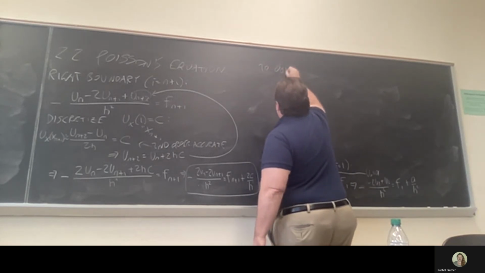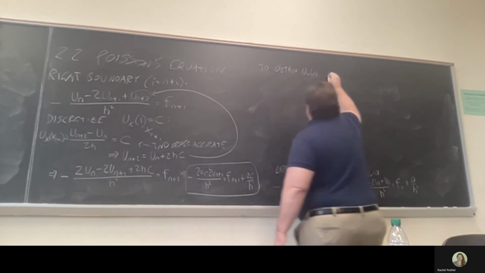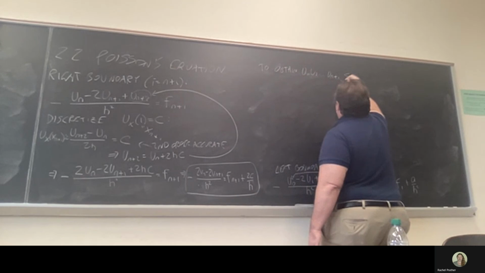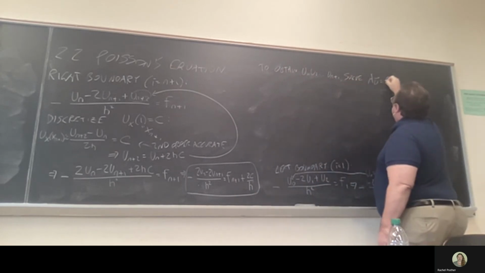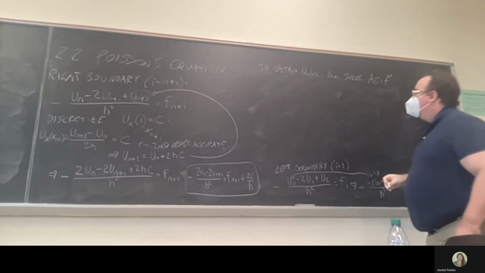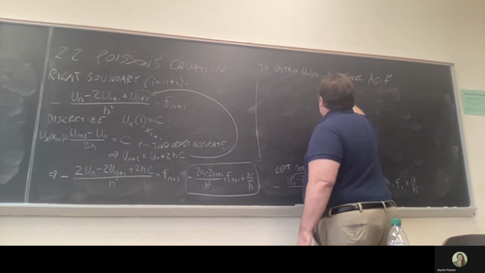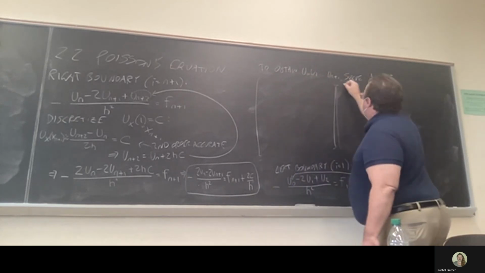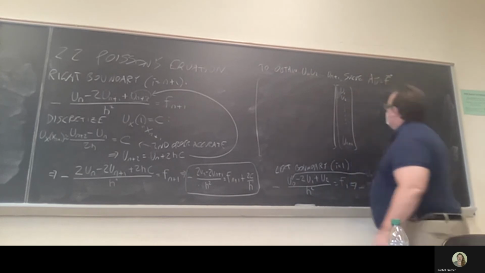So to obtain our unknowns, u_1, u_2, up to u_{n+1}, we're going to solve the system Au equals f. Now, I'll write out in full what that is. The vector u just consists of our unknowns, u_1, u_2, up to u_{n+1}.